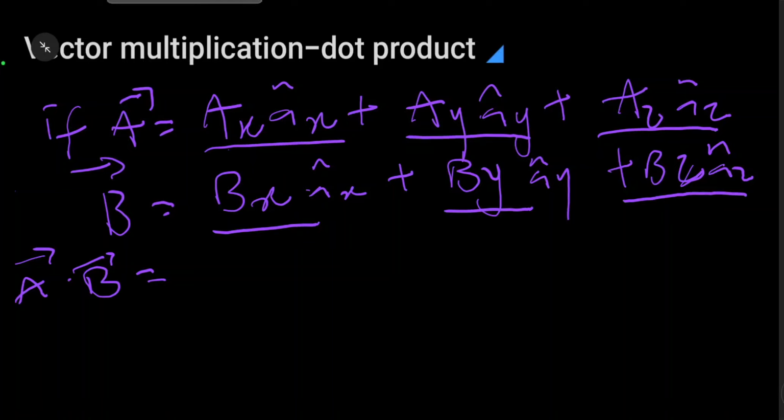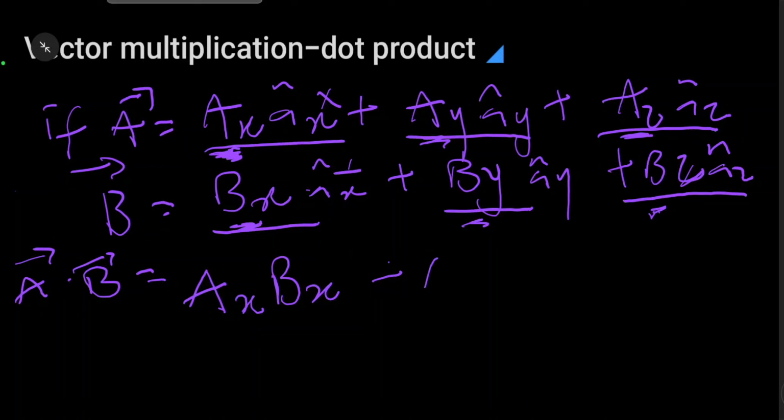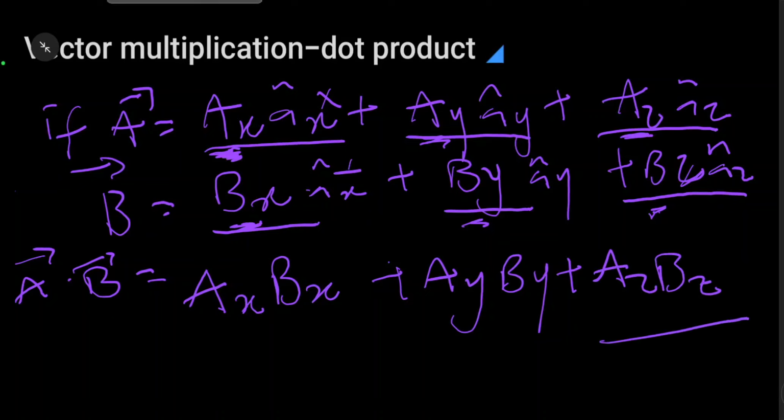So we're multiplying only the magnitudes: AX BX, only the magnitudes, ignoring the unit vectors because they are mutually perpendicular, plus AY BY plus AZ BZ. So that is all for this.